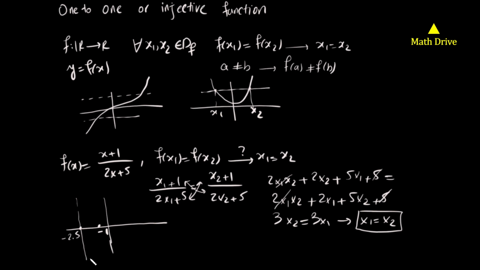And if x goes to infinity, it is going to be 1 over 2. So the graph of this function is going to be something like this. And clearly we can see any horizontal line crosses this graph only once. So this function is injective based on the graph.